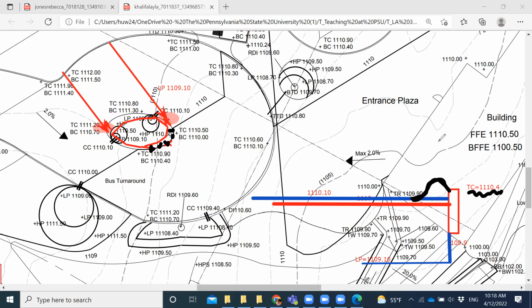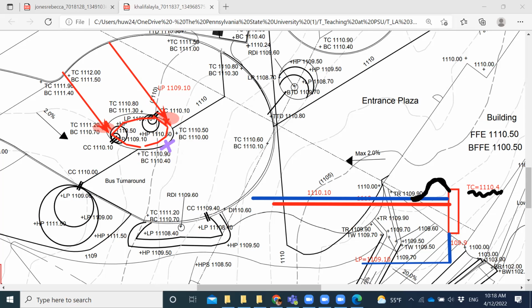So for the TC 1110.4, where does that go? The TC equals to 1110.4 is actually at this location. Let me erase that one. You could imagine the lowest point is here, right?